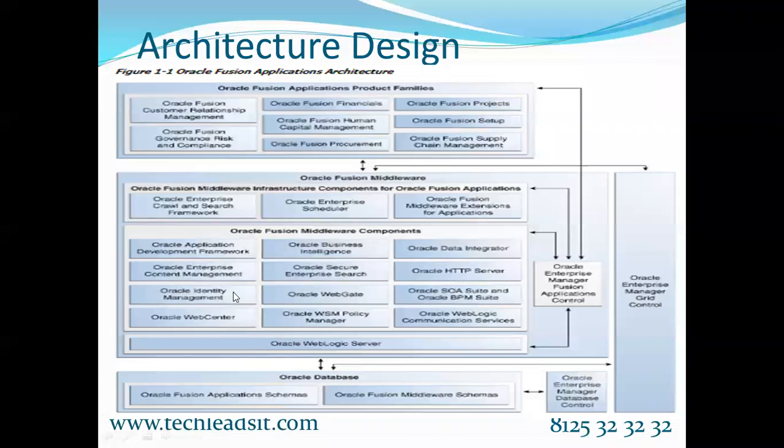And Identity Management is especially for the user. In Fusion applications, Fusion introduced the roles concept, and that is completely maintained by Oracle Identity Management. Enterprise Content Management is especially for UCM: the files we upload to Fusion and where they are stored are maintained by Oracle Content Management.